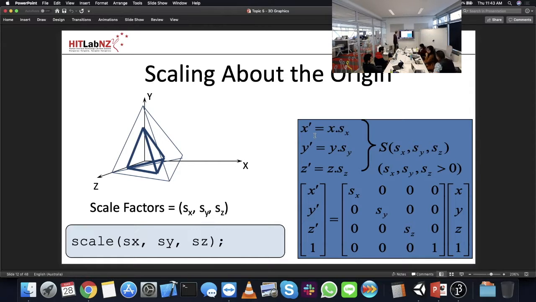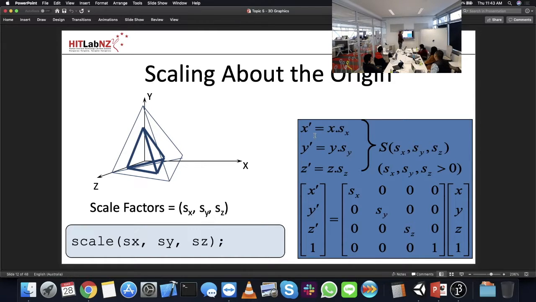So yeah, those numbers, we had them the same before, but they don't have to be the same. To use this in Processing, scale x, scale y, scale z. As I mentioned, scaling is multiplication. So if we have our original x, y, and z position for a point, we multiply that by the scale x, scale y, and scale z to figure out our new x, y, and z positions for that point. And this is the matrix for that point.